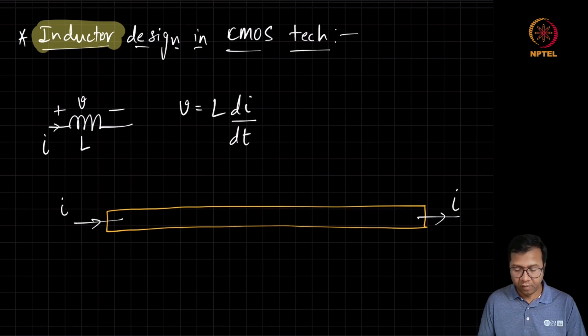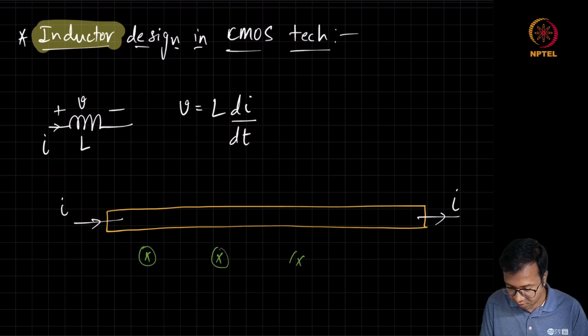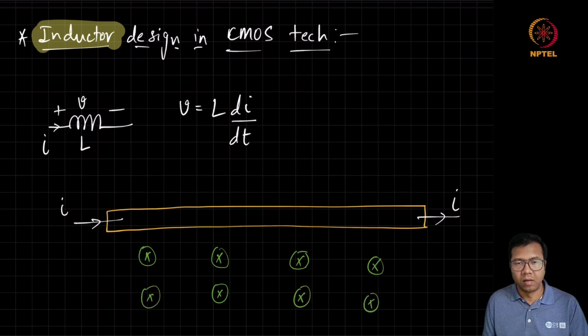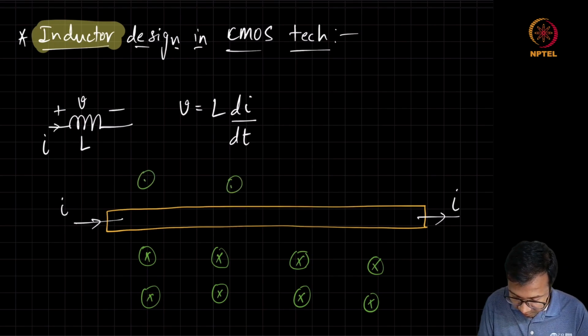When there is a current flowing through a metal, we know there will be a magnetic field associated with this, and the magnetic field will be like this, going inside the plane on the bottom side and coming up from the top side.